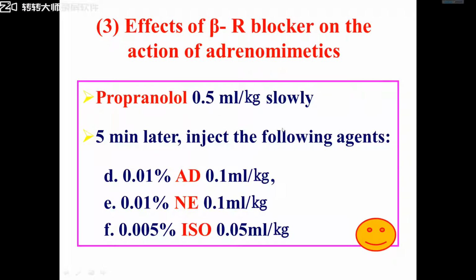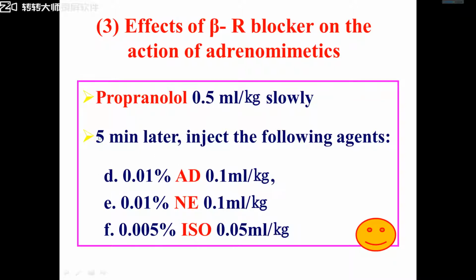Because in fact, for this experiment, you should write and hand in a report. The report includes several parts. The first part is the objective, the second part is the steps, and the third part is the results. In this experiment, you should draw the curve and hand it in.